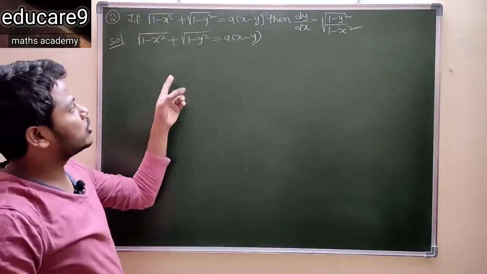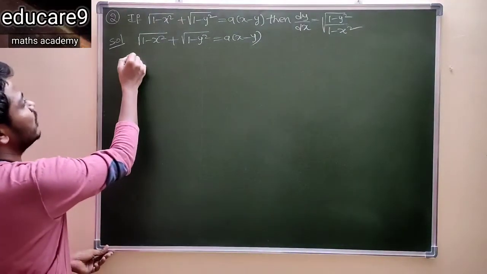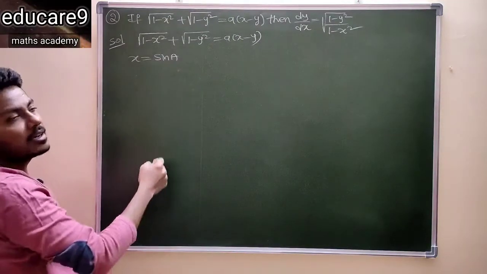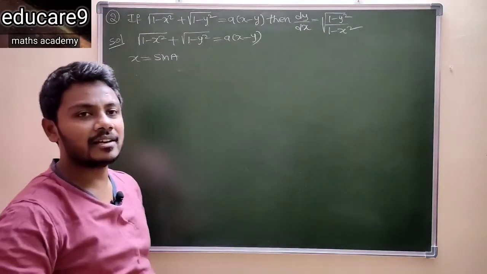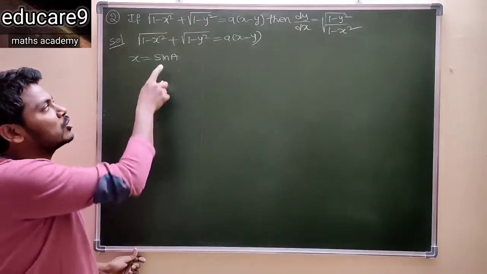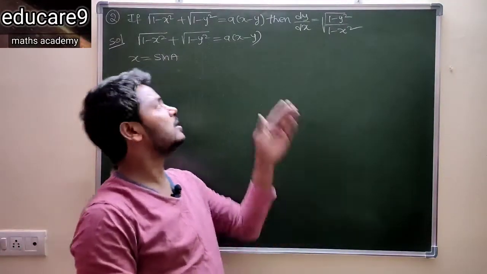Here also we have to use the substitution method. Clearly substitute x equal to sin a, because square root of 1 minus sin square a is cos a. That's why I am substituting x equal to sin a. Not only sin a, you can substitute cos a also.